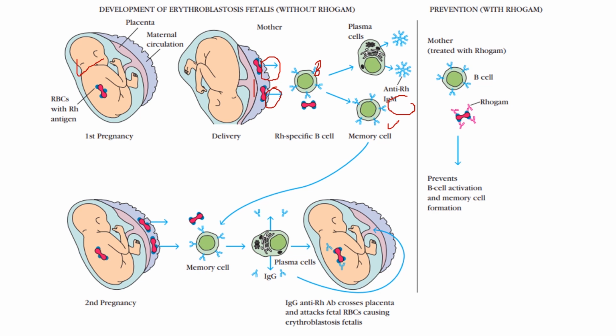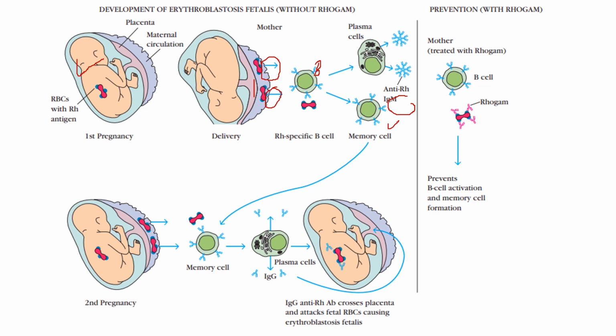Once the memory cells recognize the Rh positive blood cells, they produce plasma cells. Plasma cells produce the IgG, which is transferred through the placenta to the baby's blood circulation, and this can lead to varying degrees of anemia in the baby, which can sometimes be severe and even fatal.